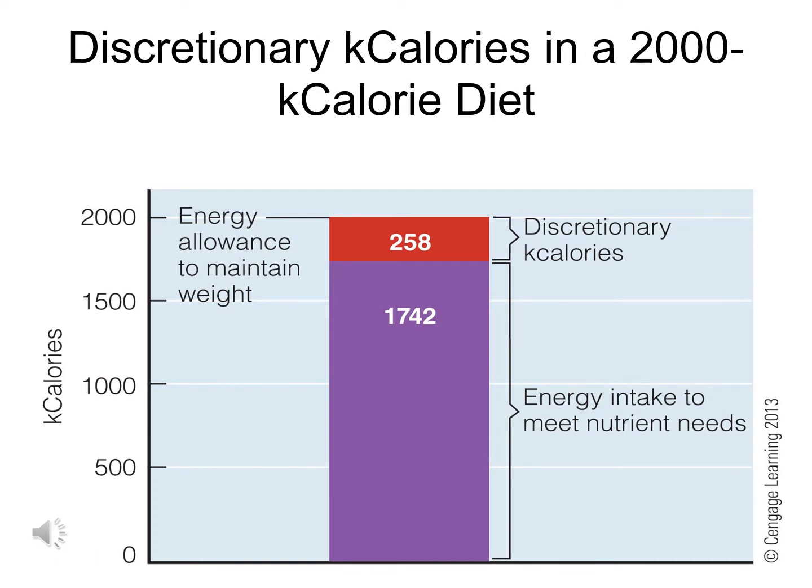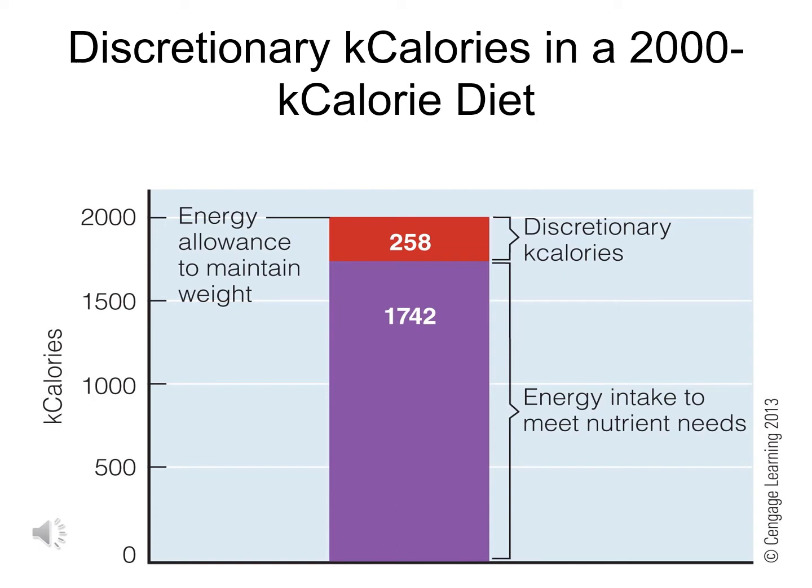Here you can see a visual representation of how discretionary calories work. So for example, for a 2,000 calorie intake, if you were to consume all of those recommended food groups in the appropriate amounts, you're still going to have leftover calories.